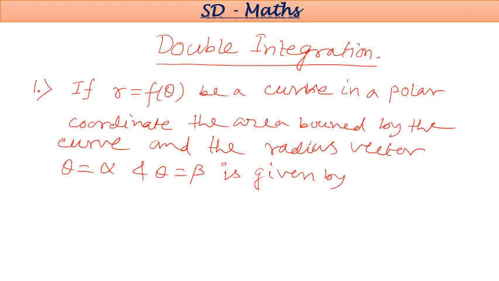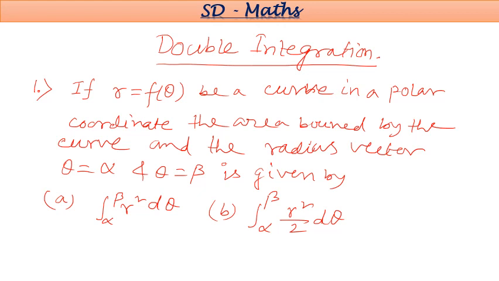So there are four options. The first option A is integrate alpha to beta r squared d theta. Second option B, sorry, it will be alpha to beta r square by 2 d theta.